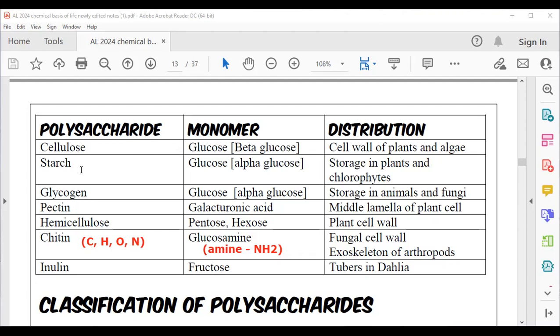Remember, hemicellulose can be noticed only in plants. Keep that point with you. Hemicellulose, no need of full writing. You can just mark a point: only noticed in plants. Now, pectin can be noticed in some algae also. But hemicellulose can be noticed only in plants.